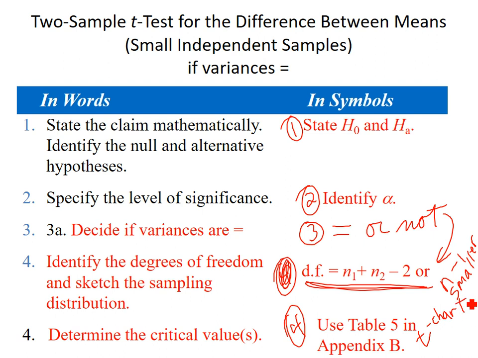Number 5, of course, is going to go right along with this. You're going to draw your little curve, figure out which way you're shading and where your rejection region is, and find that critical value.